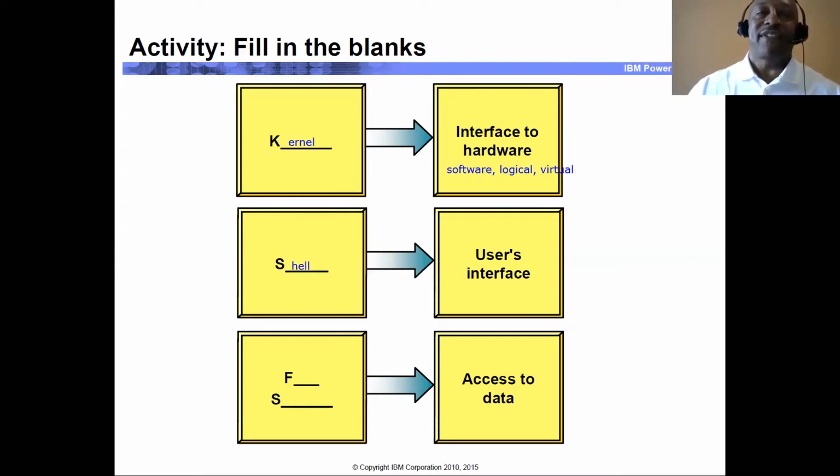And then, of course, access to the data is provided primarily through the use of a mounted file system. File system, exactly. I'm just going to make it one word. File system.